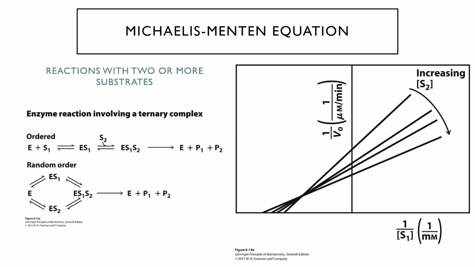And you can see how different substrate concentrations affect V0 and determine what type of reaction you're talking about, because there are basically two types of enzymatic reactions in which you have two substrates. One involves forming what's called a ternary complex, and all that means is that part of the reaction mechanism involves a complex that includes the enzyme and both substrates.